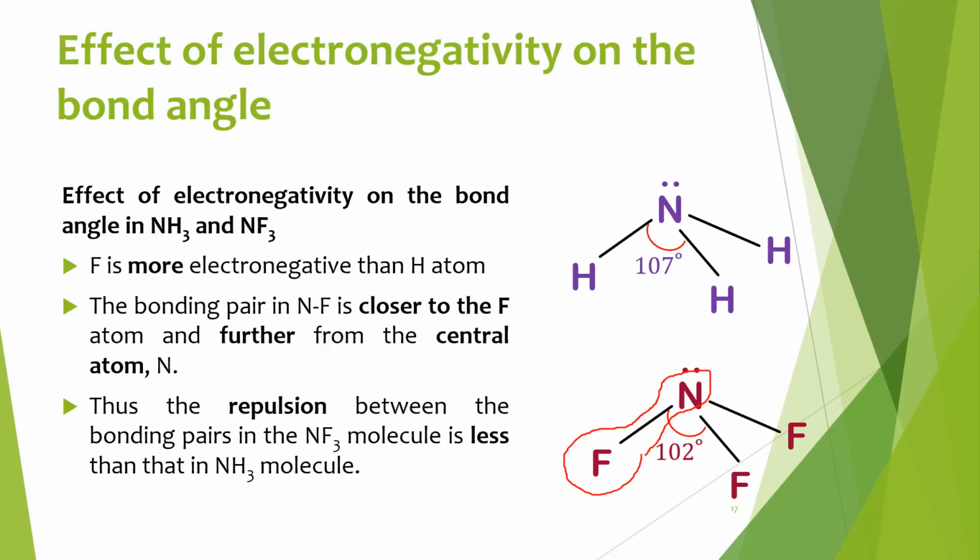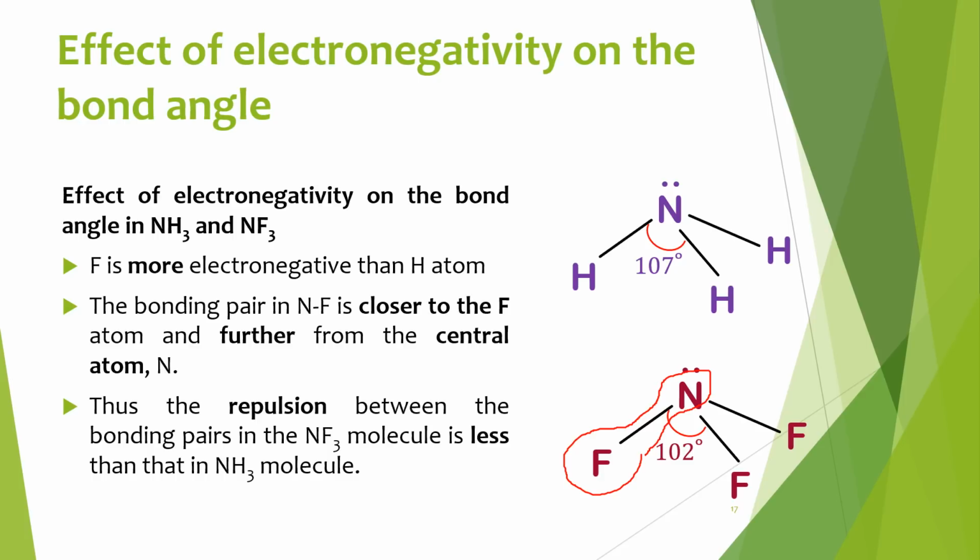Another example on the effect of electronegativity on the bond angle is NH3 and NF3. Both of these molecules have the same shape, which is trigonal pyramidal, but F is more electronegative than the H atom. The bonding pair in NF is closer to the F atom and further from the central atom, which is N. Thus, the repulsion between the bonding pairs in the NF3 molecule is less than that in the NH3 molecule.